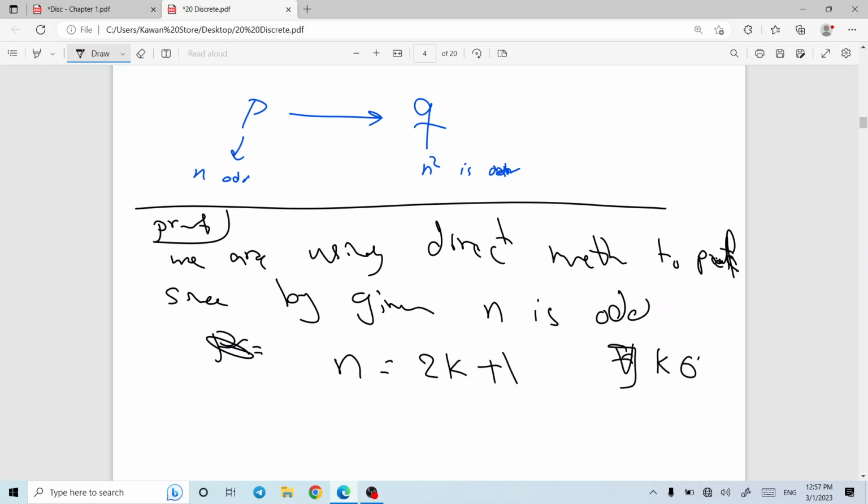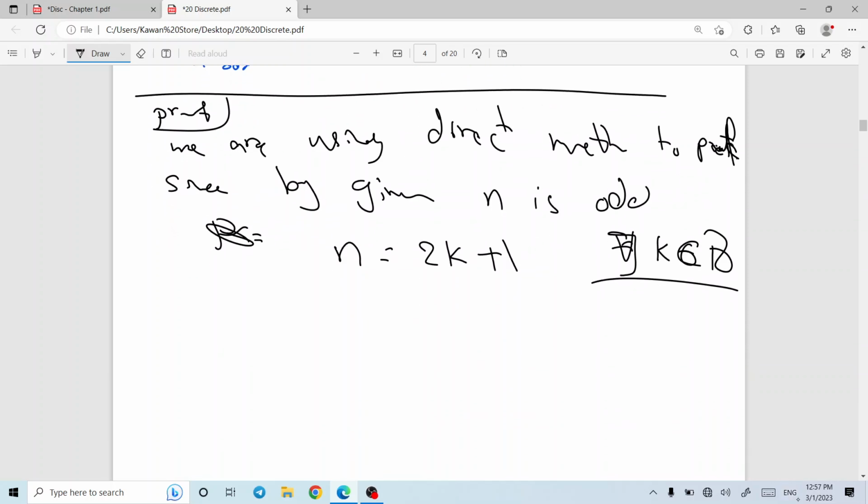There exists k in the integers; we can find such a k. Do you have any problem? So that one is given. Understood? Good. Now we are going to prove.